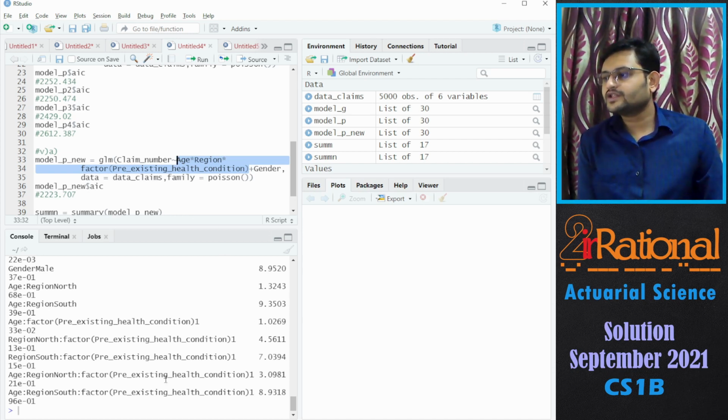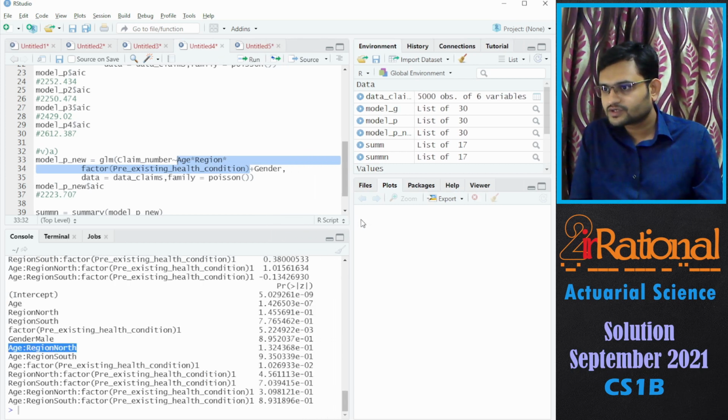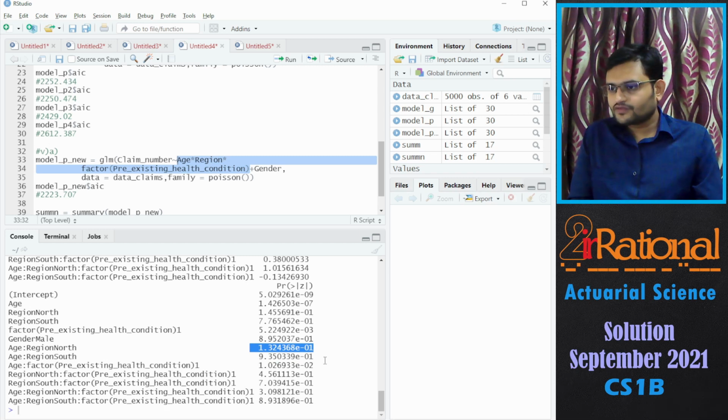Now let's look at the p-values of these. You can see age and region, the p-value. I'll just make it bigger. In any of these, the p-value does not seem very small. Rather, all of them are greater than 1%.